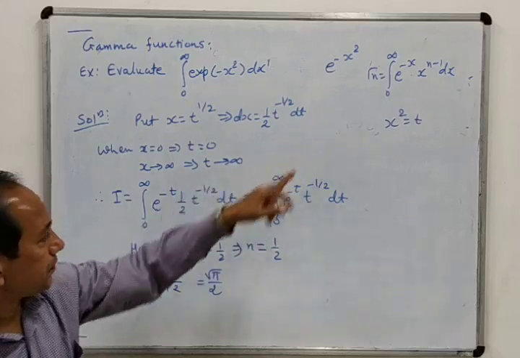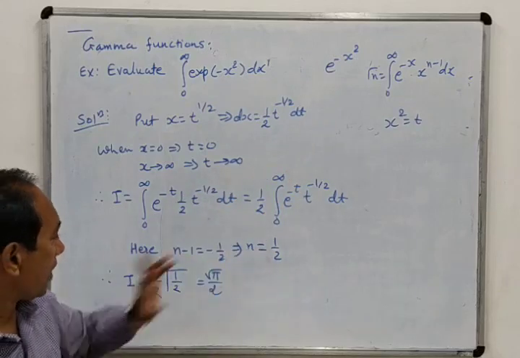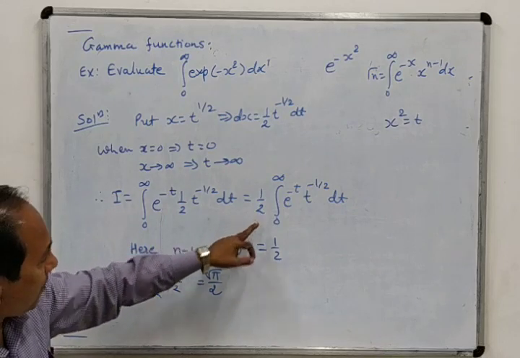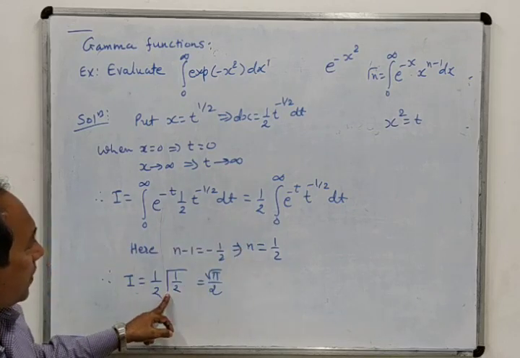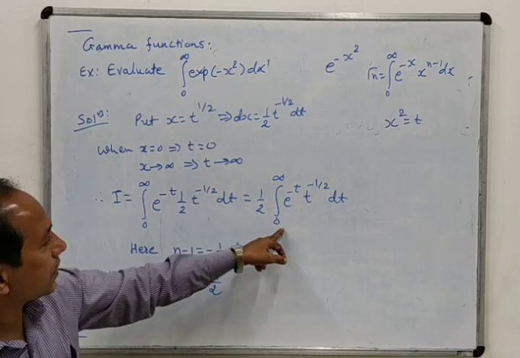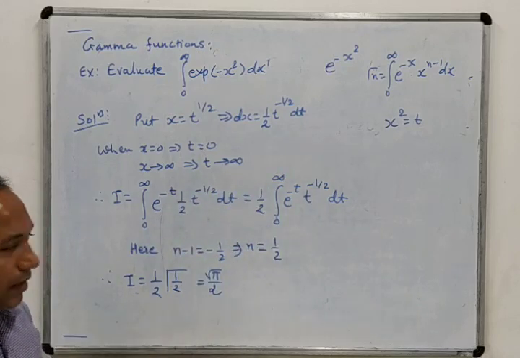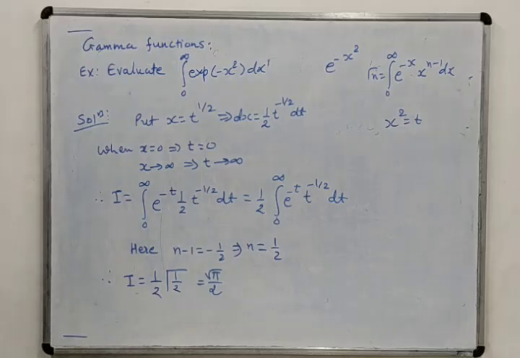So n equal to 1 half. Therefore our integration I will become 1 half gamma 1 half, because it is gamma n. But gamma 1 half is root pi as we discussed in the last lecture. So you can see that this is the solution of the problem and it is very simple. So you note down this solution.